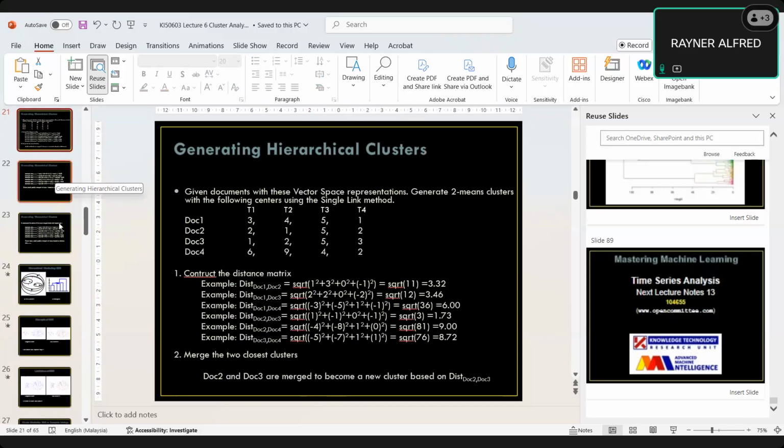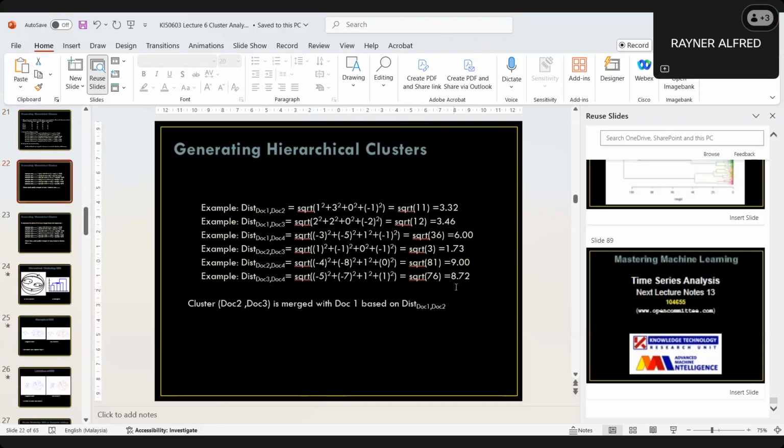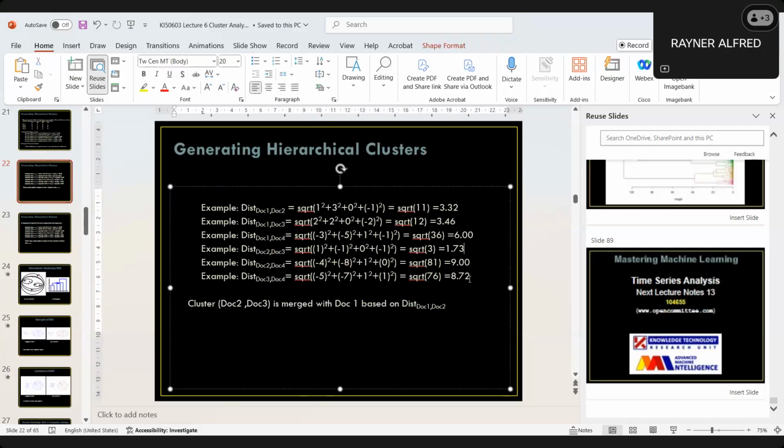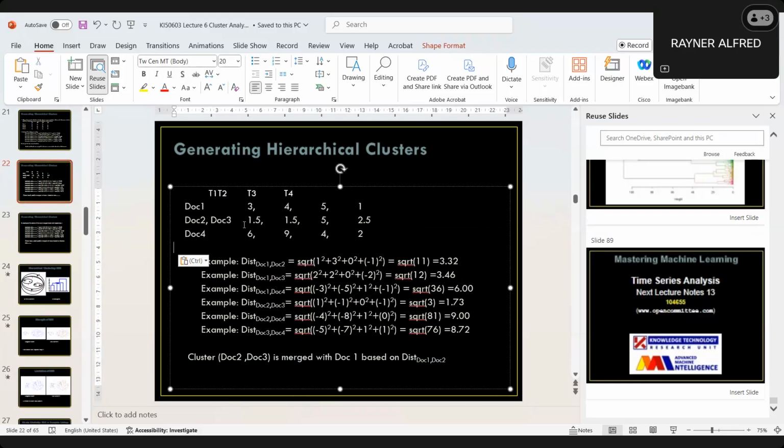So once we get this, we should be having this. Right? So this is our new center, new data set.